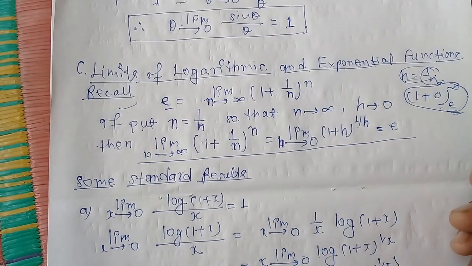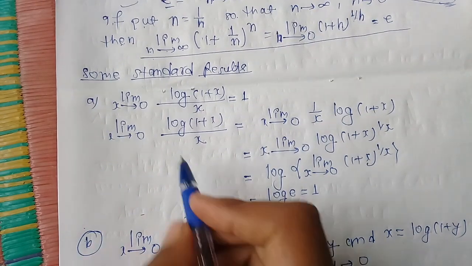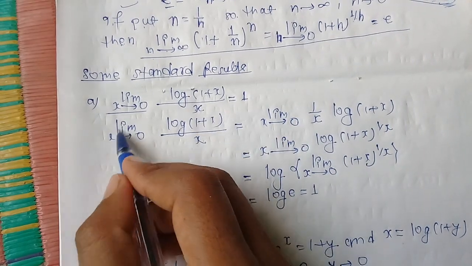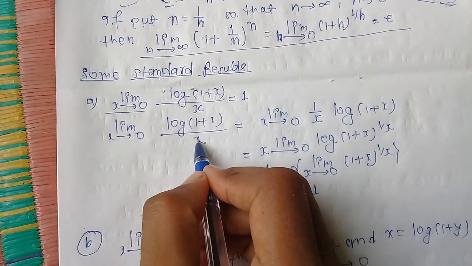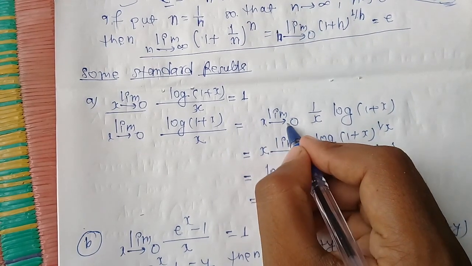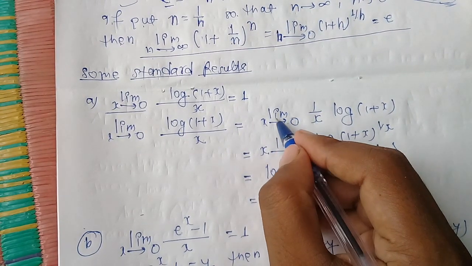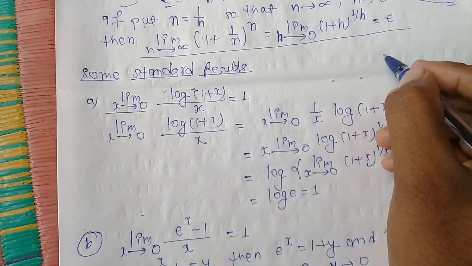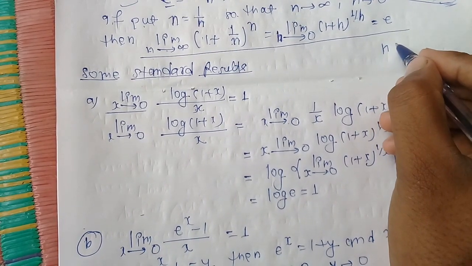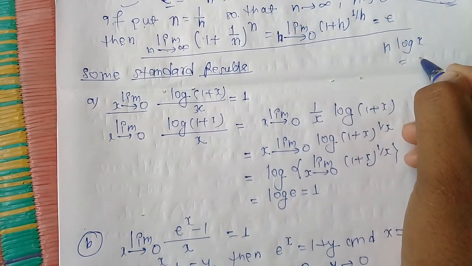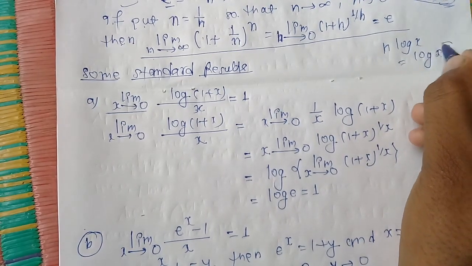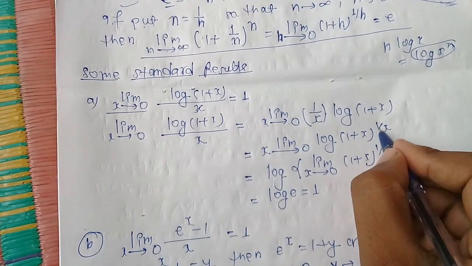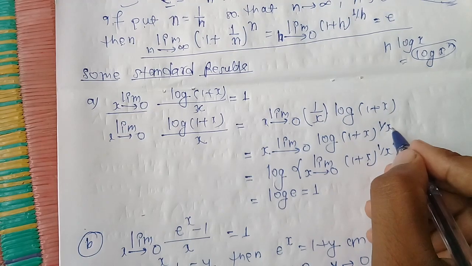Now some standard results: limit x tends to 0 of log(1 plus x) divided by x. This can be written as limit x tends to 0 of (1 by x) times log(1 plus x). If there is any value n, log x to the power n can be written as n log x. Here the coefficient is 1 by x, so this can be written as the power of 1 plus x, that is 1 by x.